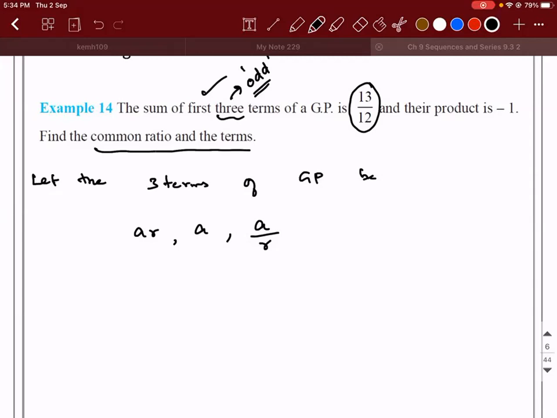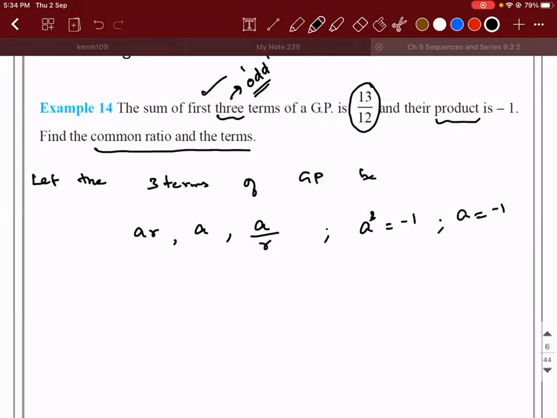Yes, sir. You take the 3 terms. You know why I wrote it like this? Any idea? Sir, it would be easy to calculate as R will cancel out. It is easy to calculate the product if they give the product in the question. Now since they gave you the product, A cube will be equal to -1. A is -1. Easy. Done.